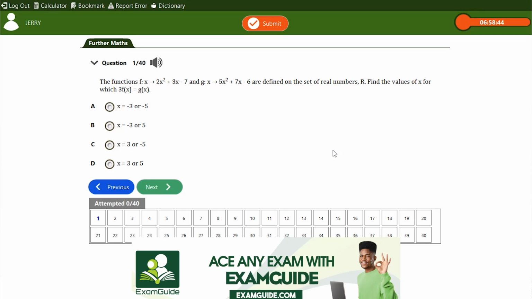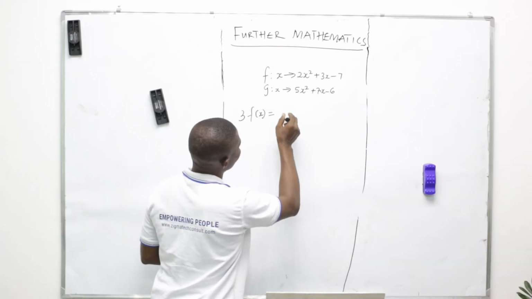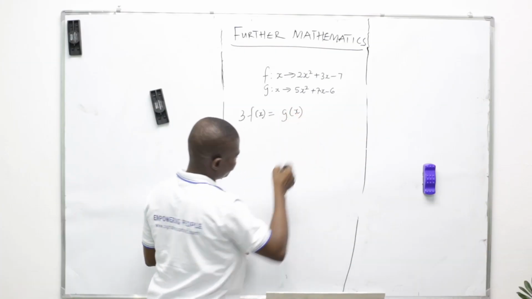Find the values of x for which 3f(x) equals g(x).